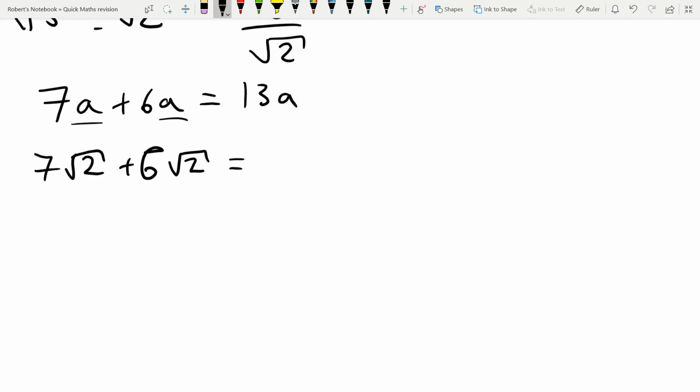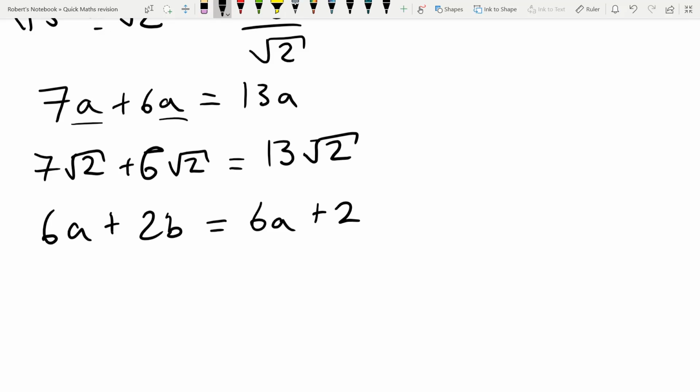So you do 7 plus 6, 13 root 2. And if you had, for example, 6a plus 2b, we know that we can't simplify that any further. So if you had 6 root 2 plus 2 root 3, we can't simplify that further either.